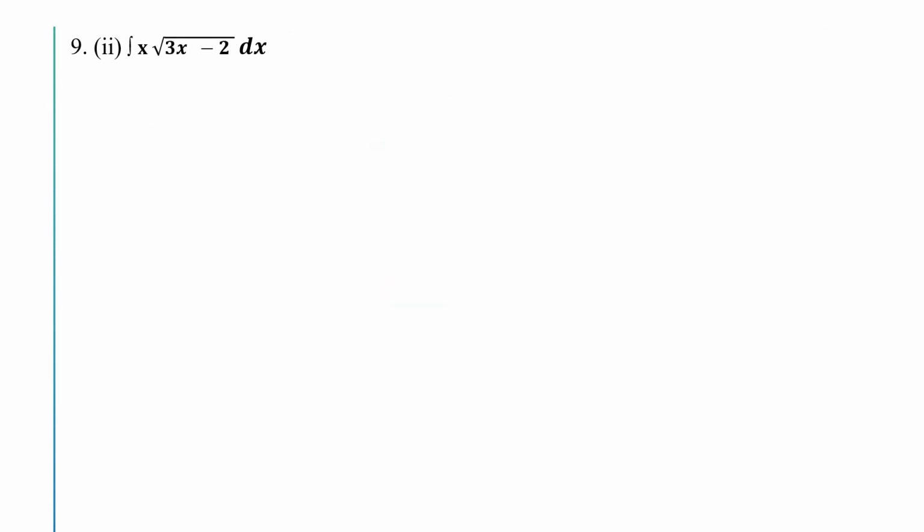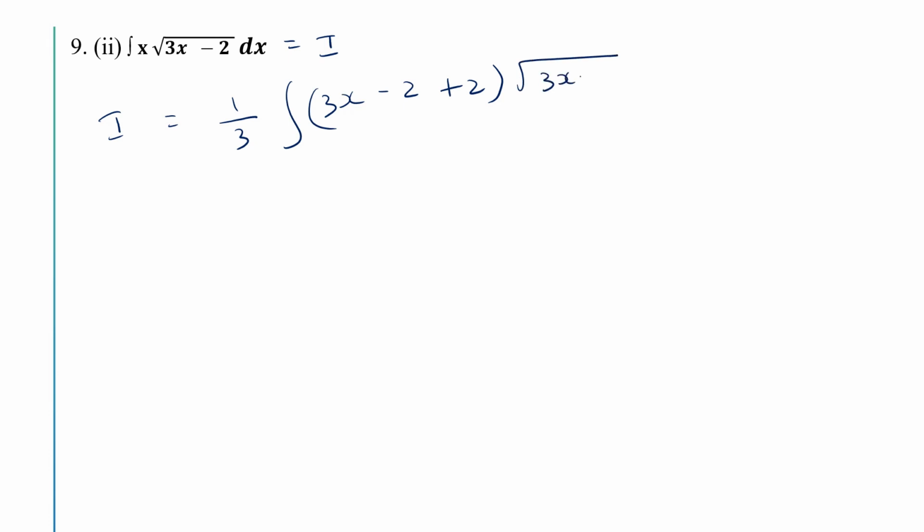The next question: integral x into root of 3x minus 2 into dx. So let us take this as equal to I. I is equal to, let us multiply and divide by 3, then add and subtract 2, so minus 2 plus 2, into root of 3x minus 2 into dx.